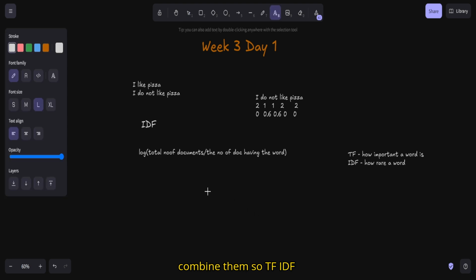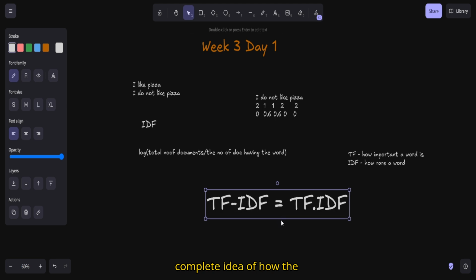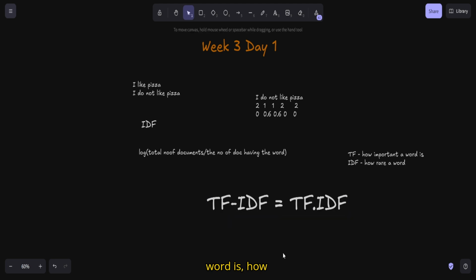So if we combine them, TF-IDF gives us a complete picture. The TF-IDF formula is just the TF multiplied by the IDF. So TF-IDF gives us a complete idea of how important and how rare the word is. It is giving both of the essence here.